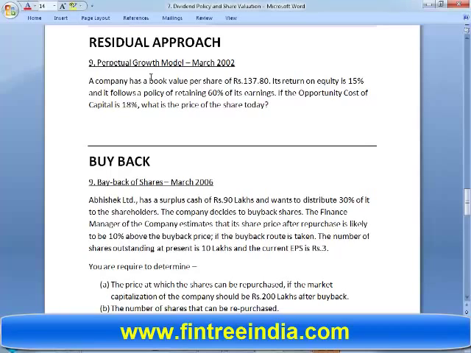Book value per share into ROE is your EPS. Once you have EPS, 60% of that EPS is DPS. Then you have ROE, you also have retention, yes, 40%. Once you have ROE, you also have retention rate. Then you calculate growth. You also have cost of equity, find out value of stock. Simple.